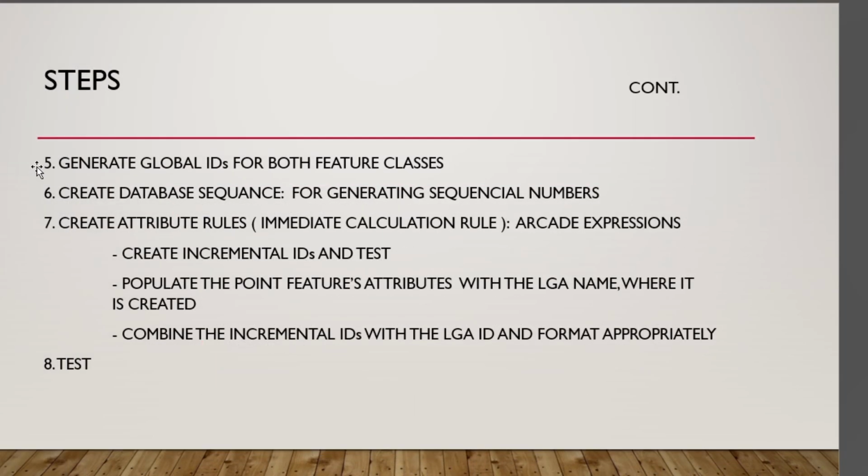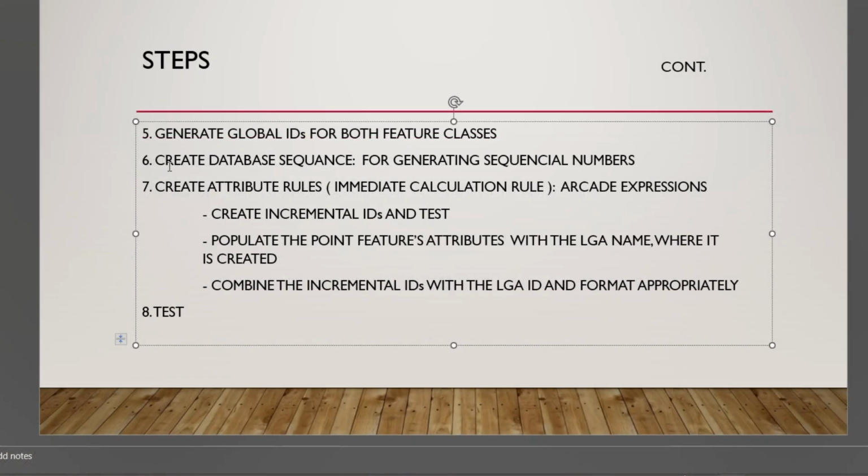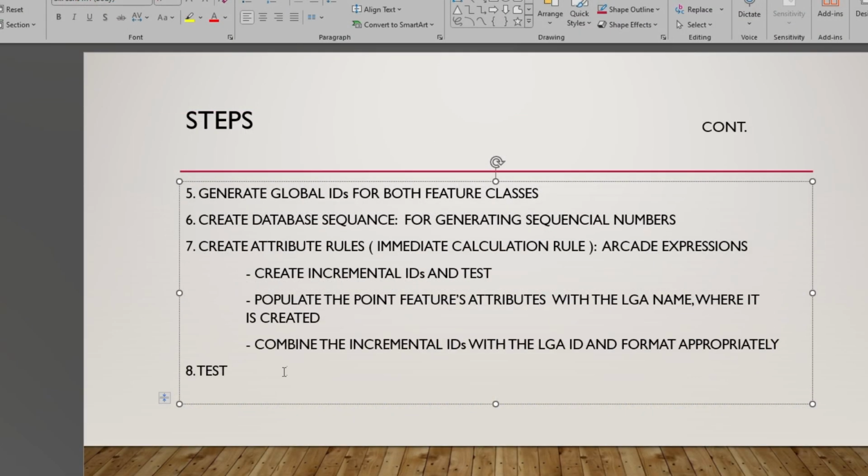After that, the next step will be to generate the global IDs. The global IDs is very important to generate because without that, you will not be able to work further. And then next is to create a database sequence, which is the generation of the sequential IDs. And then we will get to the level of configuring the attribute rule. The attribute rule is powered by Arcade expression, and the Arcade expression will go step by step.